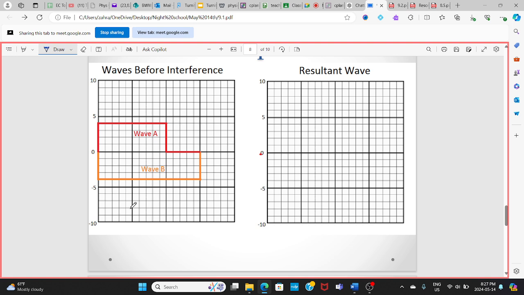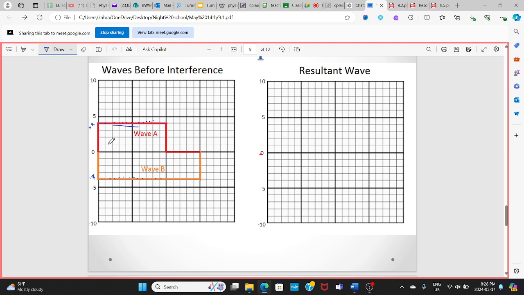Now, I want to draw the resultant. From here to here, wave A has an amplitude of 1, 2, 3, 4, positive 4. And from here to here, wave B has an amplitude of -4.